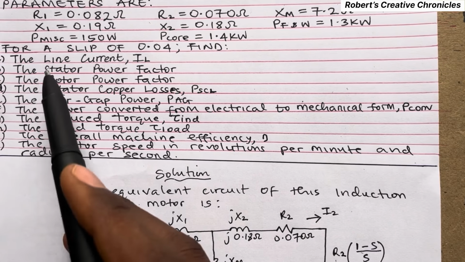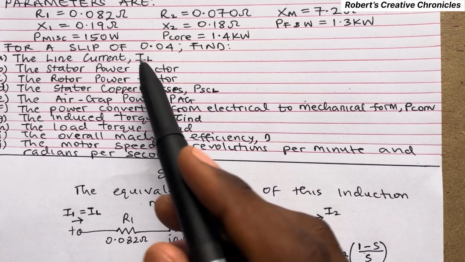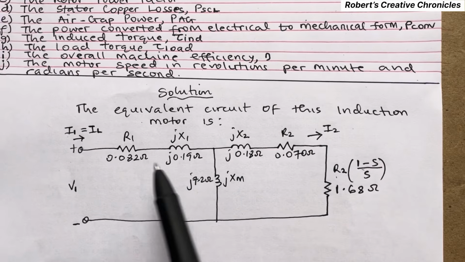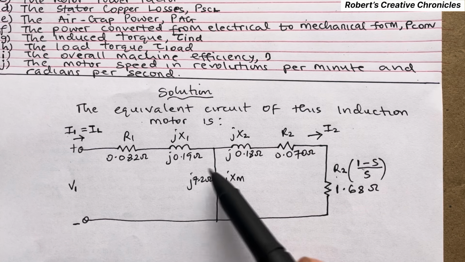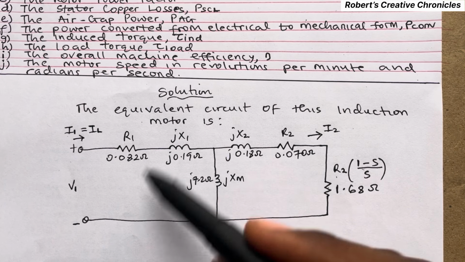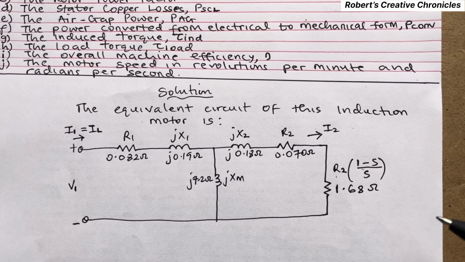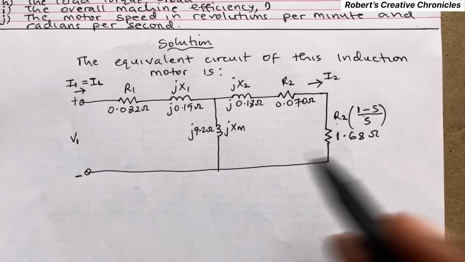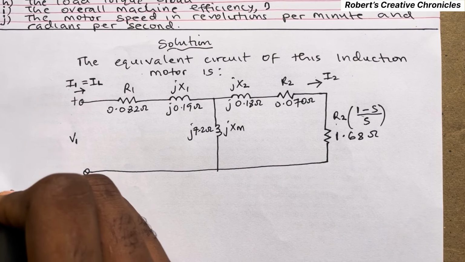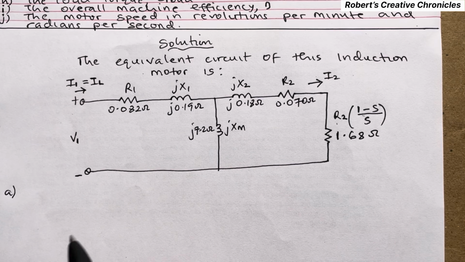So now, in order to find this line current IL, we have to find the total impedance of this circuit, that is the equivalent impedance of this circuit. This is A, we are now going to find the line current.